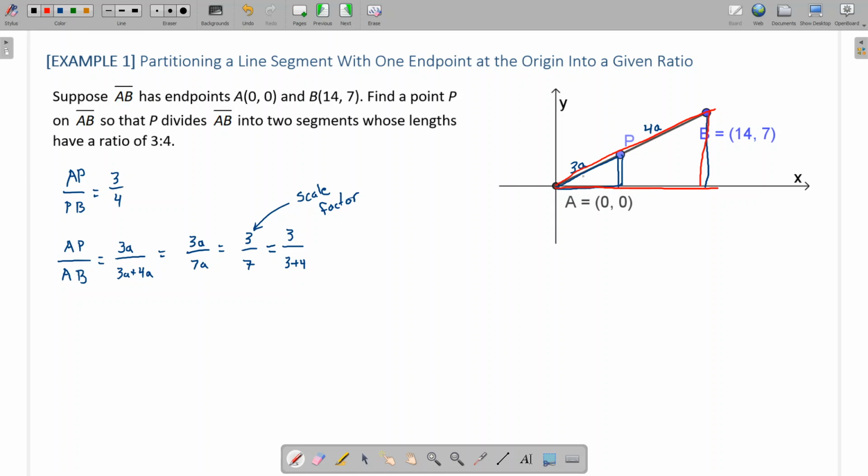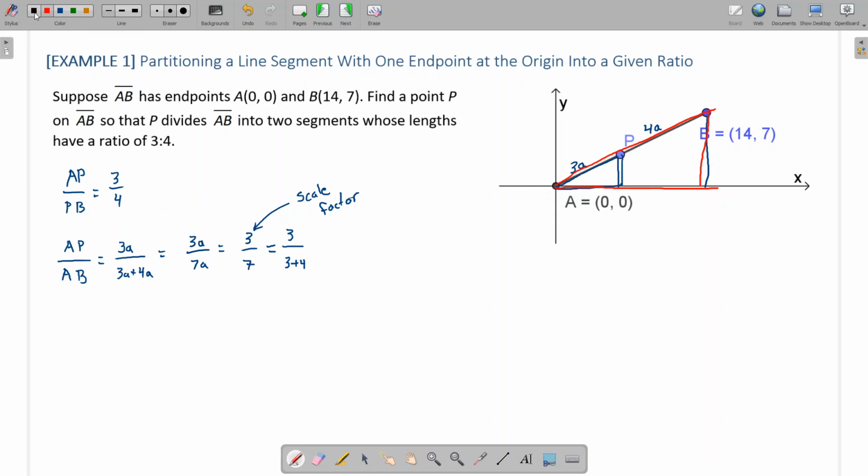If they're similar, they have a scale factor, and the scale factor would be the ratio of two corresponding sides. In those triangles, AP and AB are corresponding sides. This is part, and AB is the whole. So part to whole, this really represents the scale factor.